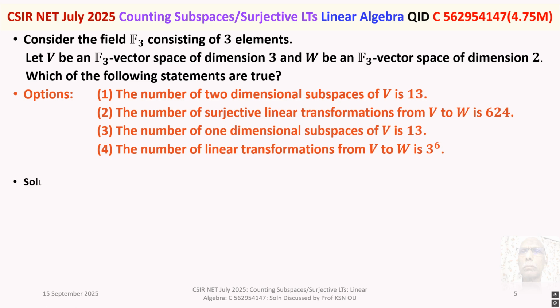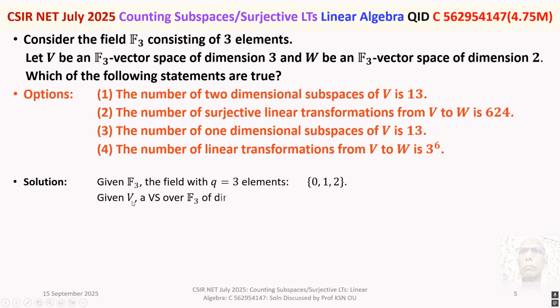Let's now discuss the solution of the problem in detail. We are given F3, a finite field with 3 elements, and Fq. In general, we talk about a finite field with q elements. In our case, q is equal to 3, and the elements are 0, 1, 2, under addition modulo 3 and multiplication modulo 3. We are given V, a vector space over F3 of dimension 3.